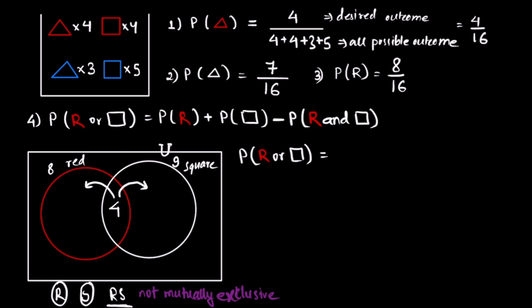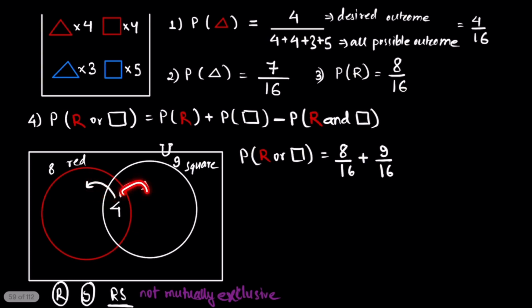Again, what is the probability of getting red or a square? The probability of getting red is 8 out of total, which is 16. The probability of getting square is 9 out of total, which is 16. But then there's also the probability of getting red square, which has been added twice, in red as well as in square. So you need to remove it once.